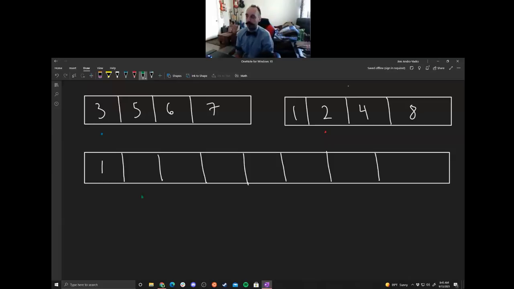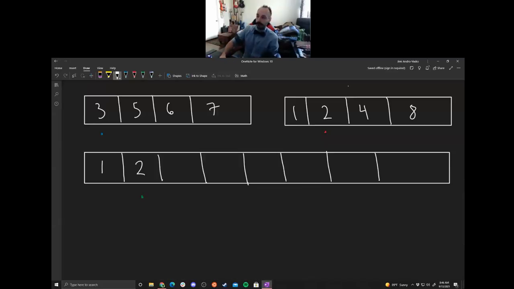Now, we stop once the blue and red go beyond their respective arrays. Right now we can see that we're not past our 2 arrays, so we're going to have to keep working here. So we compare the element in the blue counter with the element in the red position. We see here the red element is smaller, so we're going to write that red element over here.